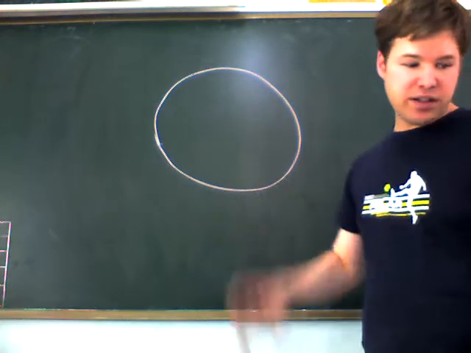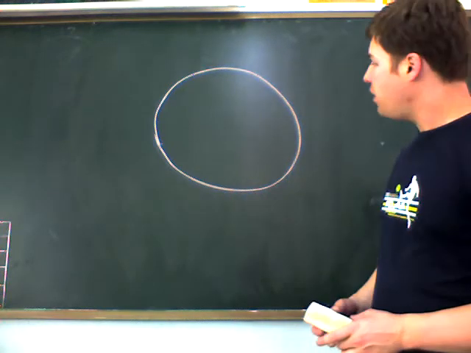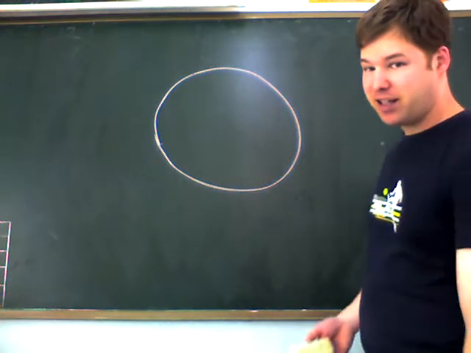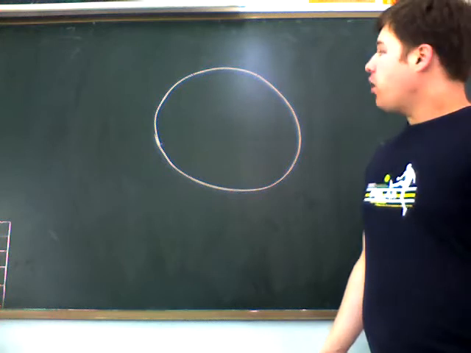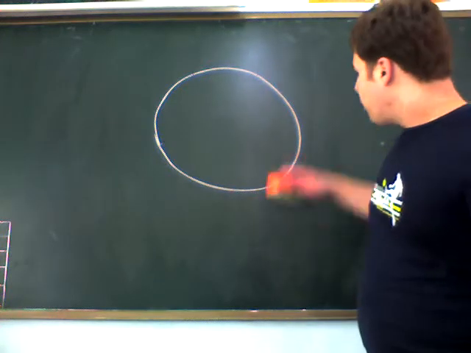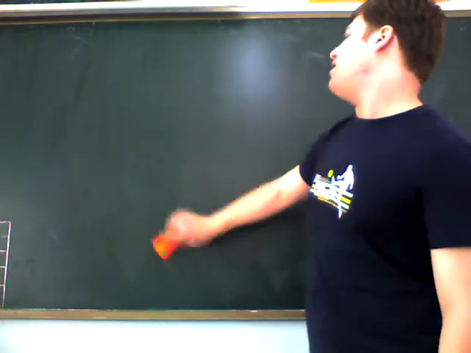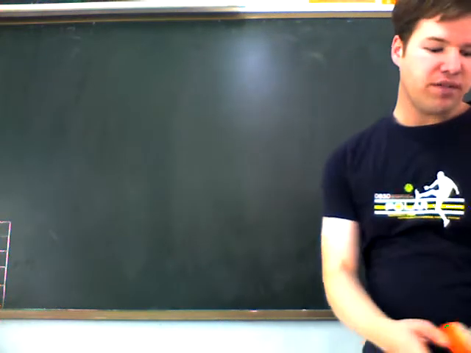This is our circle, and it's not perfect, so we're going to keep trying to make it a little better. But really, polygons are going to be something that is not circular at all.